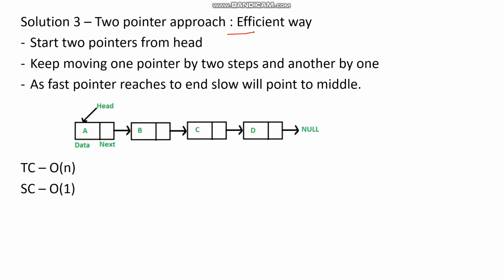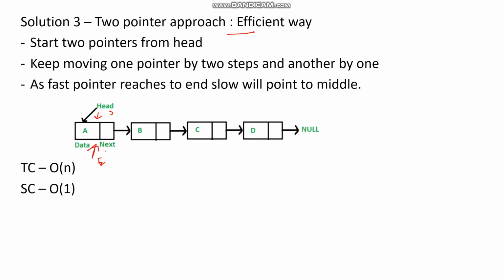So now we will be using the two pointers approach to optimize it. In the two pointers approach, we will be keeping 2 pointers, and we will initiate both the pointers from the head of the linked list, and then we will move one pointer 2 steps and the other pointer by 1 step only. Let's say this is our fast pointer and this is our slow pointer.